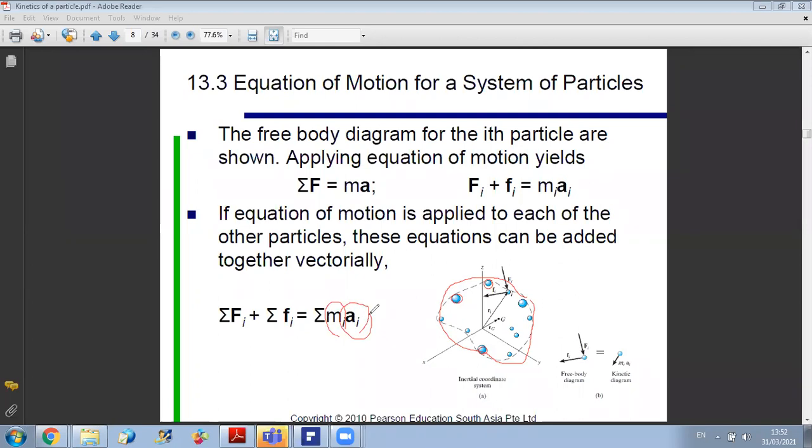Now, when we talk about forces, we have external forces, which come from parts that are not in the system, and internal forces, which are forces between the particles. But we will see together that this term will cancel out.